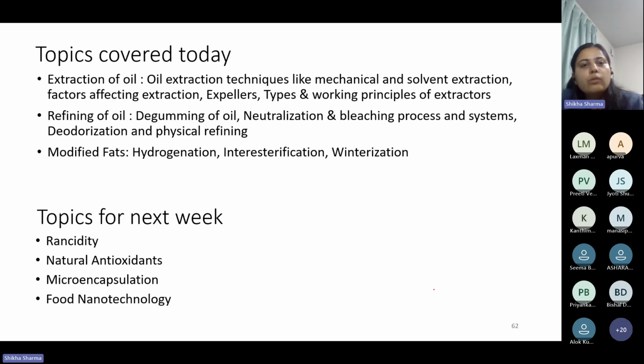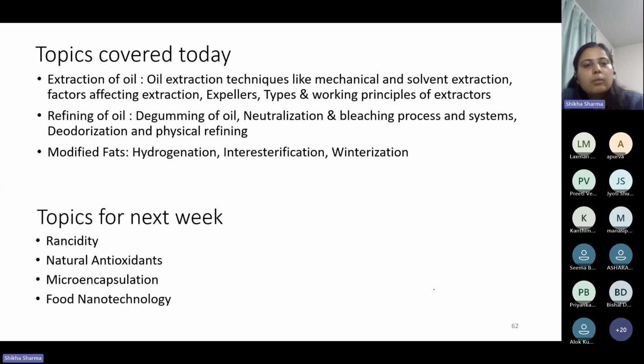Then refining of the oil: degumming, bleaching, neutralization, the deodorization system, physical refining and chemical refining.